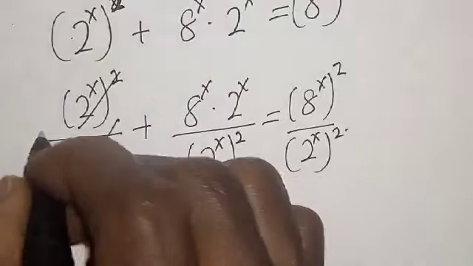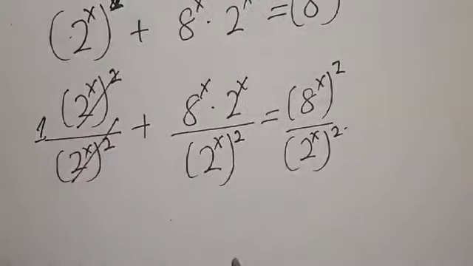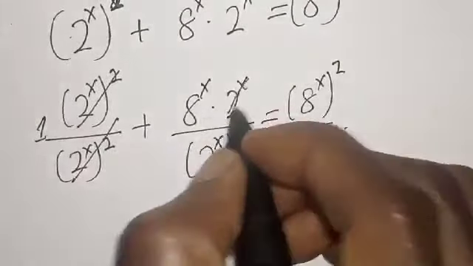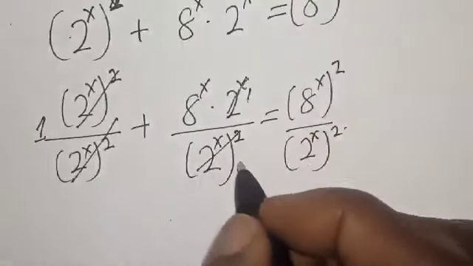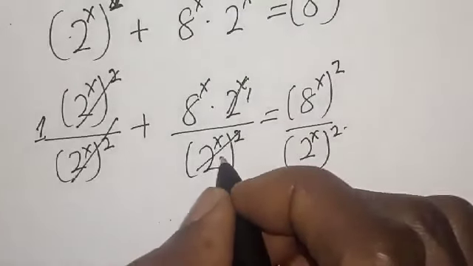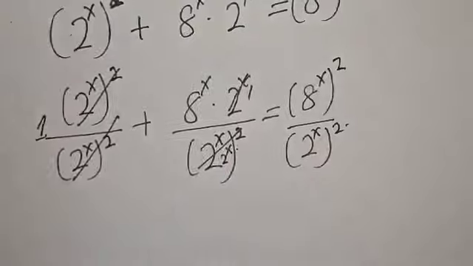This one will cancel this, that is 1. Then 2 raised to power here is a 1. We cancel this, we have 2 raised to power x.